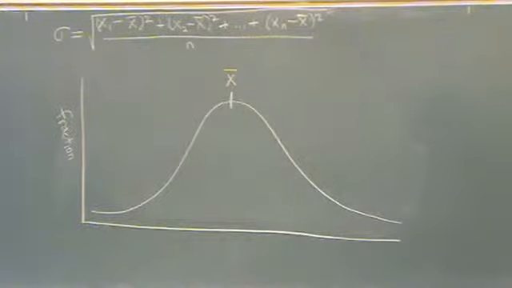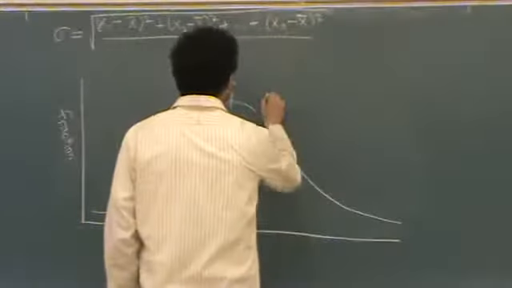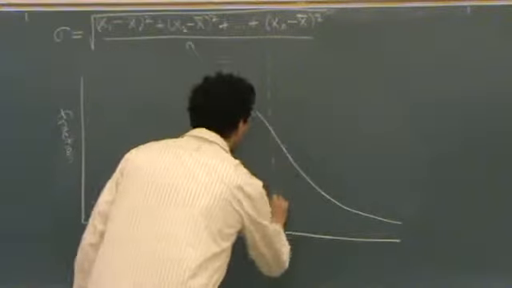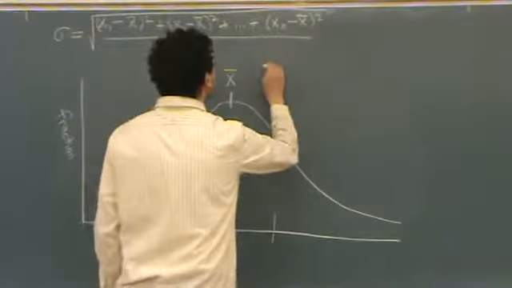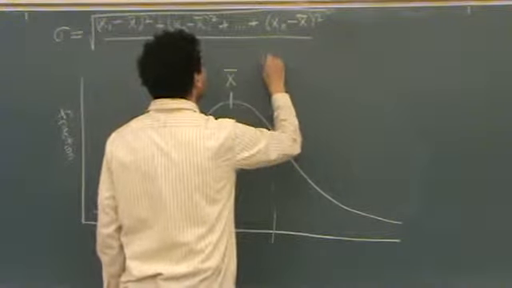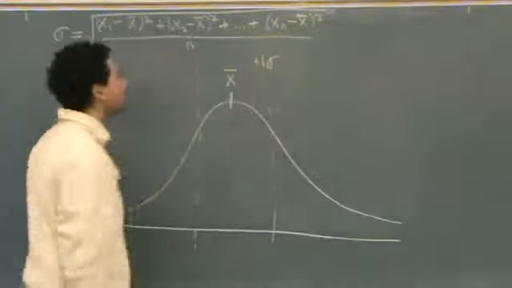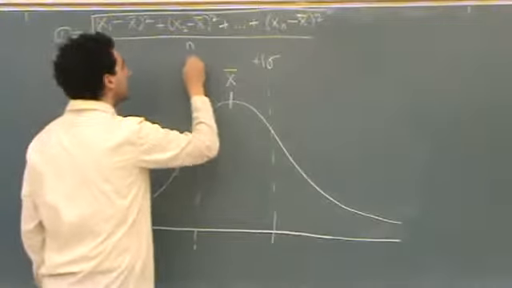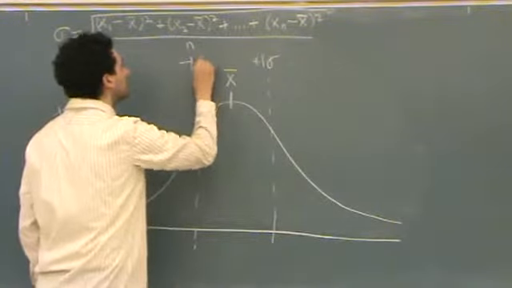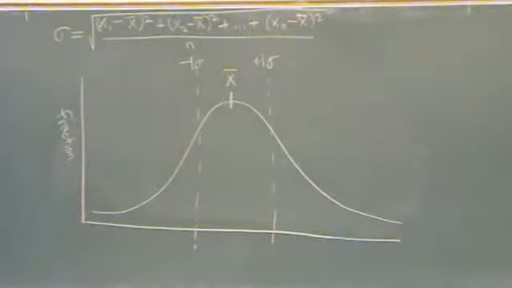Now, what does the standard deviation mean? That is the measure that something is away from the mean. So like, let's say right here, and right here, this first line represents +1 standard deviation above the mean. And this dashed line over here means -1 standard deviation below the mean.